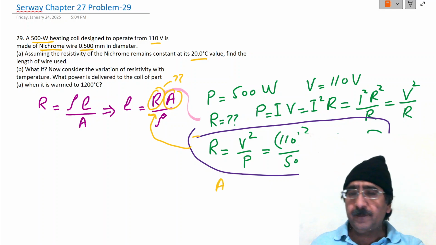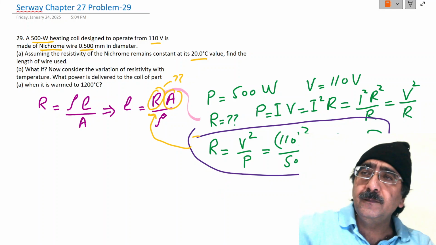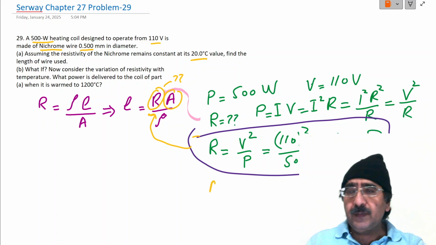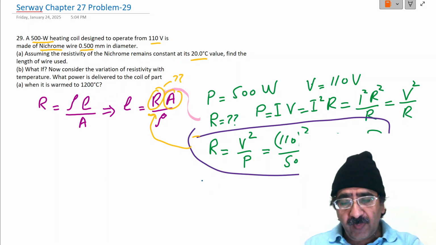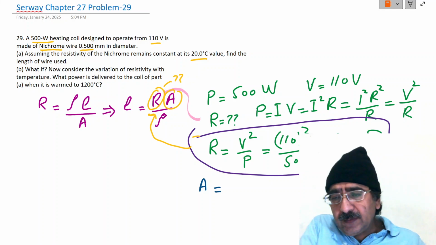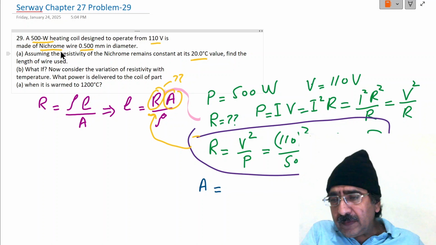Now the second thing is, what is the area? Area will be calculated. A will be, because the diameter is given, the nichrome wire of this diameter.